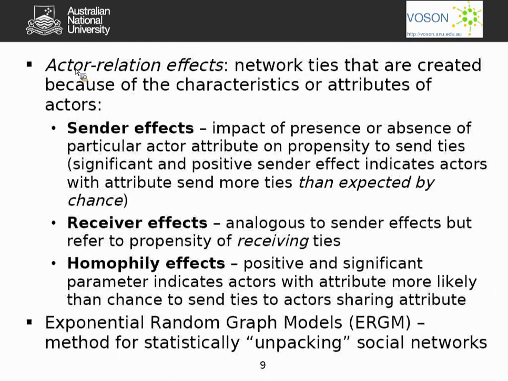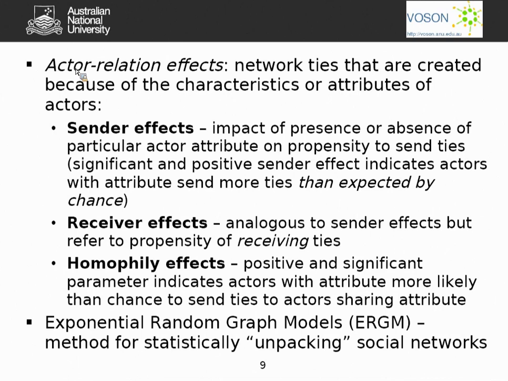But then we've got a second broad type of network effects, and these are actor relation effects. These are network ties that are related to the attributes of the actors involved in the dyad. There are three broad types. There are sender effects, where the presence or absence of an attribute increases the probability that that actor sends a tie.